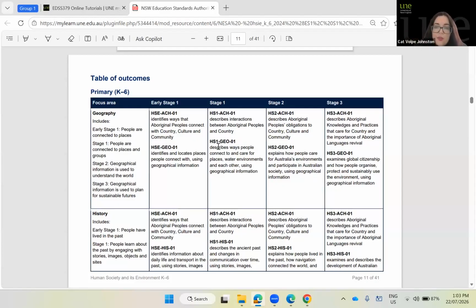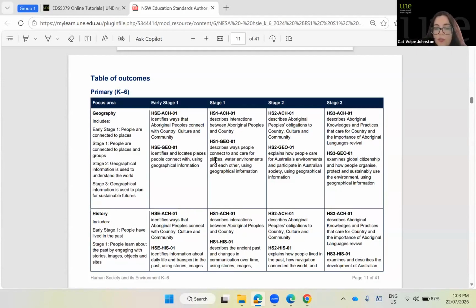Moving on to the next one, we can see the little one here. That's telling us this is stage 1, stage 2, and stage 3. Again, ACH is the Aboriginal people focus, and then the additional geography outcome. So what's the geography outcome for stage 1?